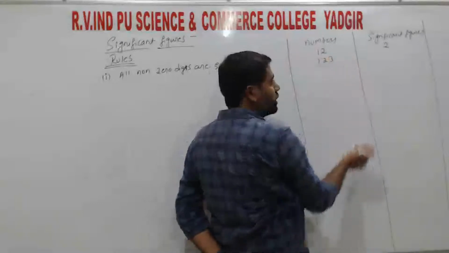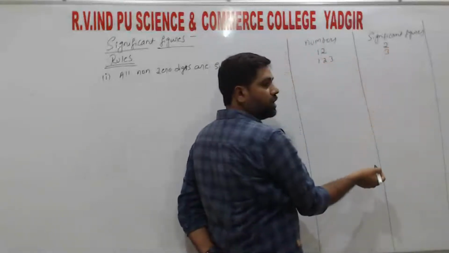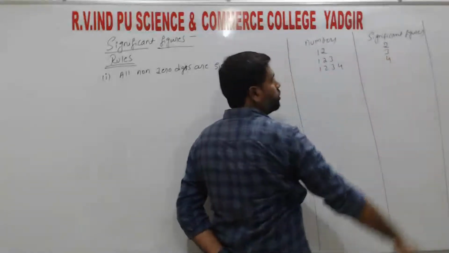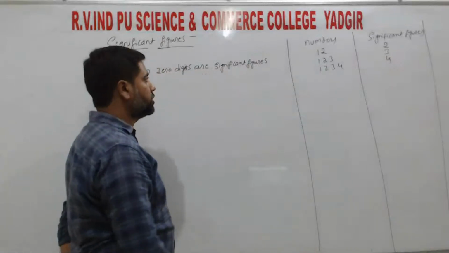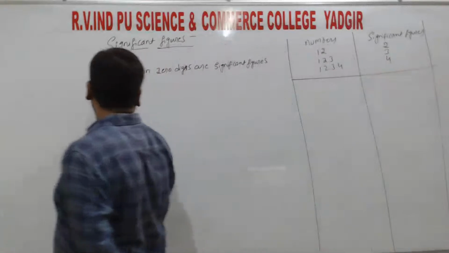Next 123. So here also non-zero numbers, significant figures is 3. Next 1234, right? So this one is the first rule.